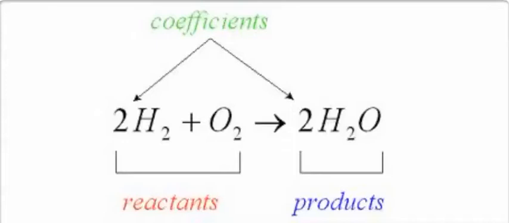So on the reactant side we have 4 atoms of hydrogen and 2 atoms of oxygen, which are going to give us 2 molecules of water, where we would then have, again, 4 atoms of hydrogen and 2 atoms of oxygen.